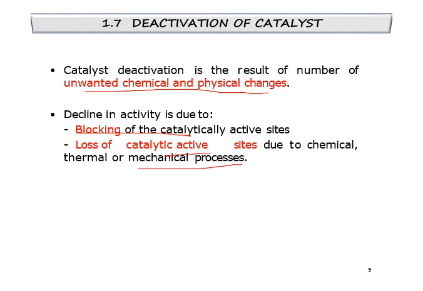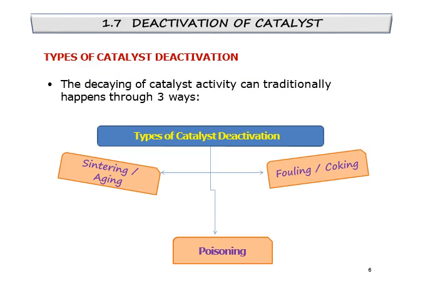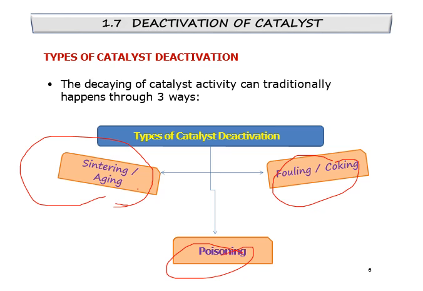These are some of the examples that can cause deactivation of catalysts. In this course, we define 3 ways that can cause catalyst deactivation, which are sintering or aging, fouling or coking, and also poisoning.